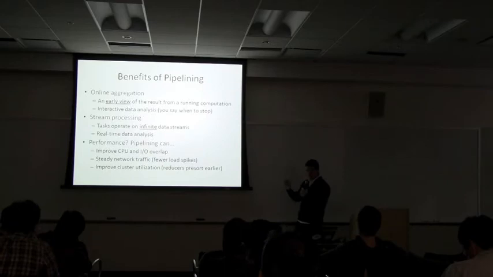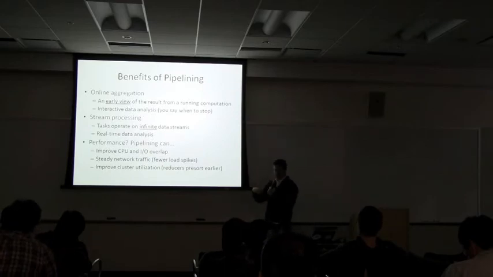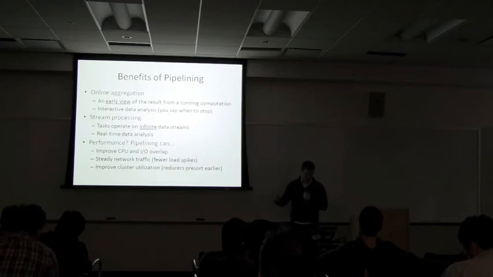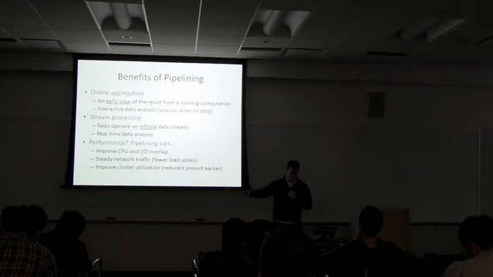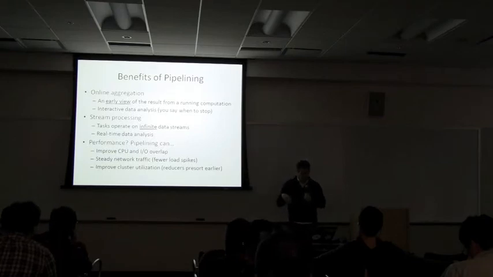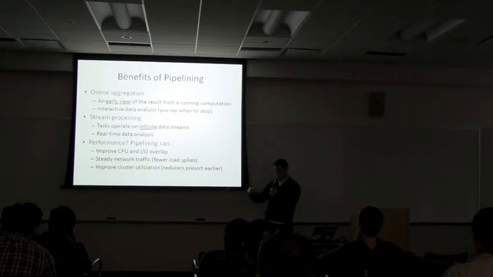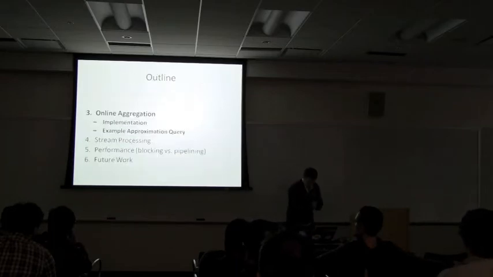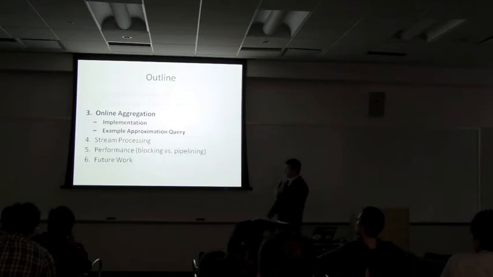Performance, well, not always. Pipelining can improve CPU and I/O overlap. It can also steady the network traffic, because we'll get fewer load spikes. I'll show an example later. And it can improve the cluster utilization, because we can have reduces start pre-sorting early.